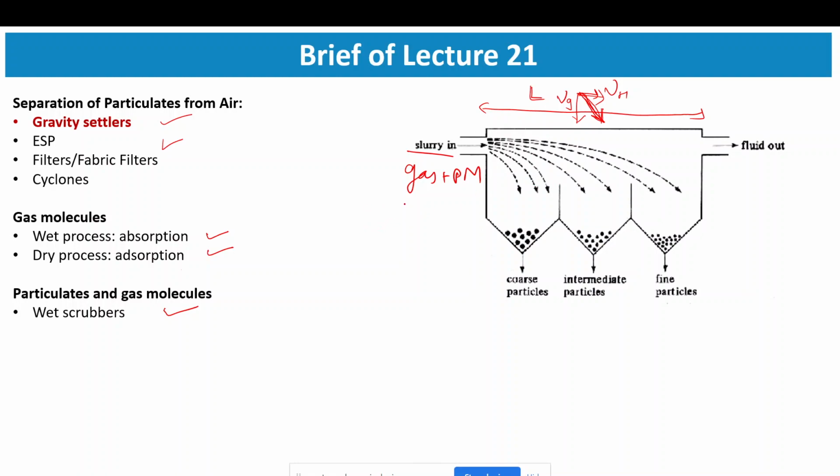So the force existing in the downward direction will be more, and hence the velocity will be more. That is how you get first the coarser particles, then the intermediate, and later the finer particles. So different forces are acting on the particle, and based on that, it gets separated.